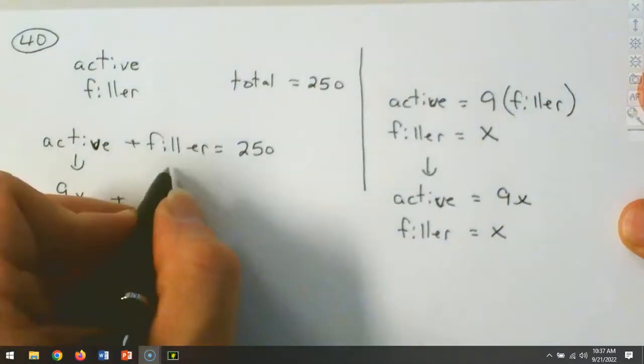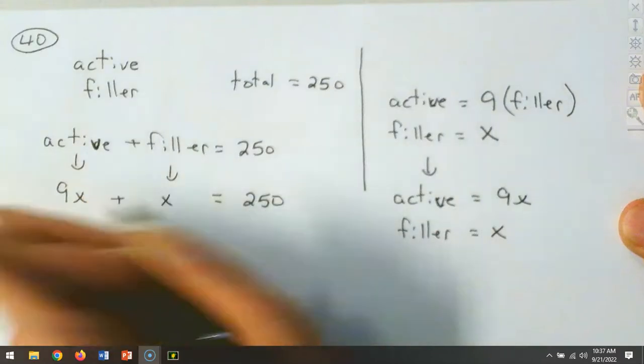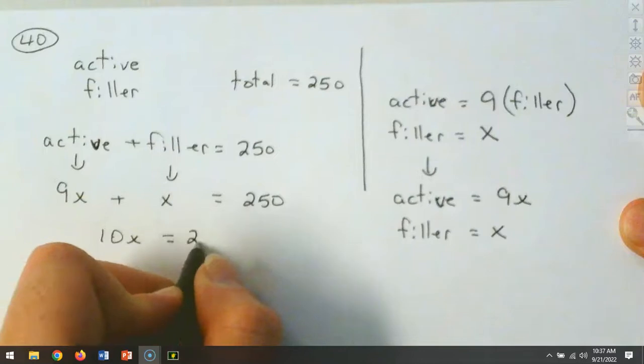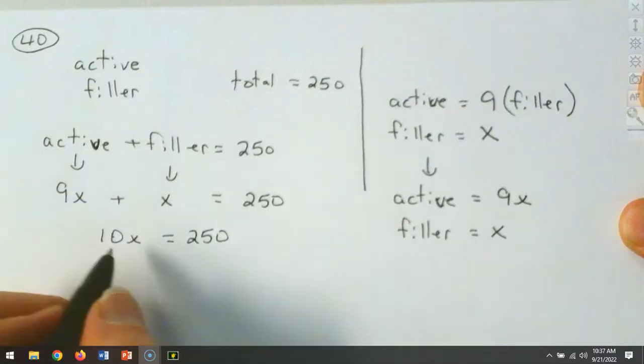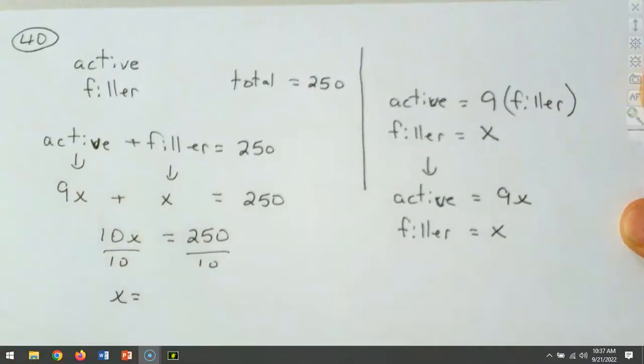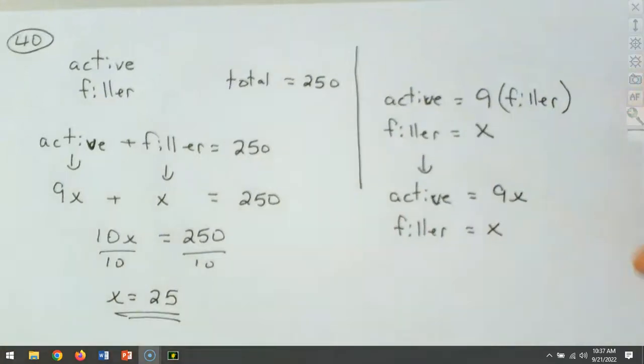That goes over here. The filler is x, and that gives you 250. Putting those together, that's 10x equals 250. Divide by 10, and x comes out to be 25.